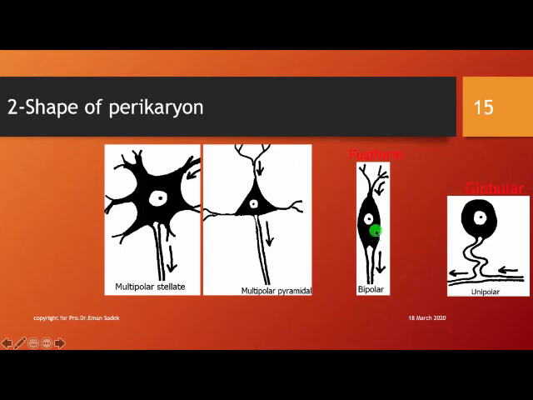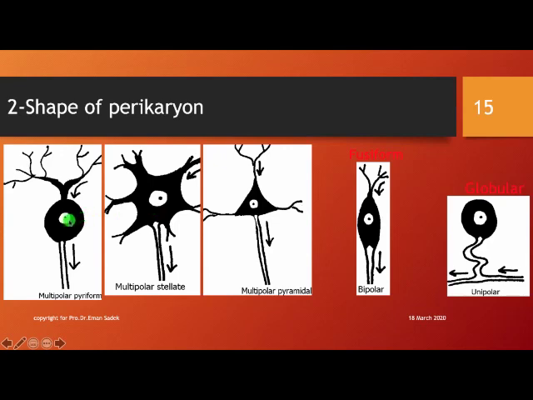And then we have the bipolar, where we have two poles. One pole for receiving impulses and another pole for giving these impulses away as efferent impulses. So this is the bipolar or the fusiform. And then, as regards the shape, we have the multipolar, where we have a lot of poles like this one, and this one also is multipolar, and this one also is multipolar.